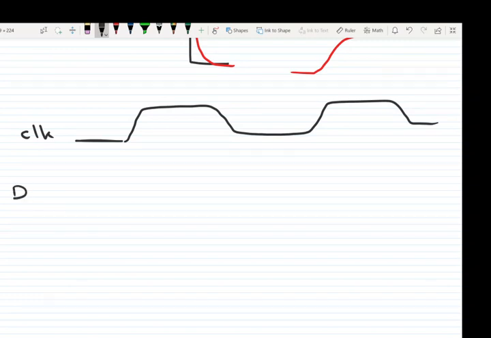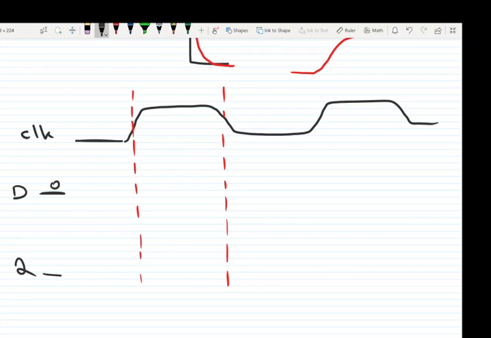A rising or falling edge, let's say, is like the middle point of these transitions. Okay, so we also have Q, and D is 0 and Q is 0. We know that if D changes from 0 to 1, Q also changes from 0 to 1, because for a D flip-flop, Q of t plus 1 is equal to D.